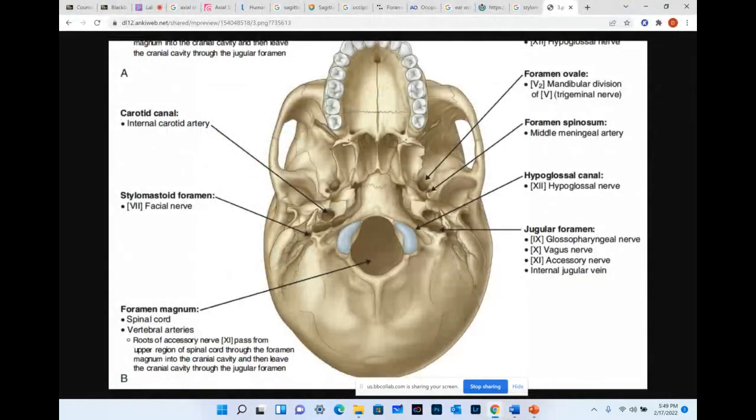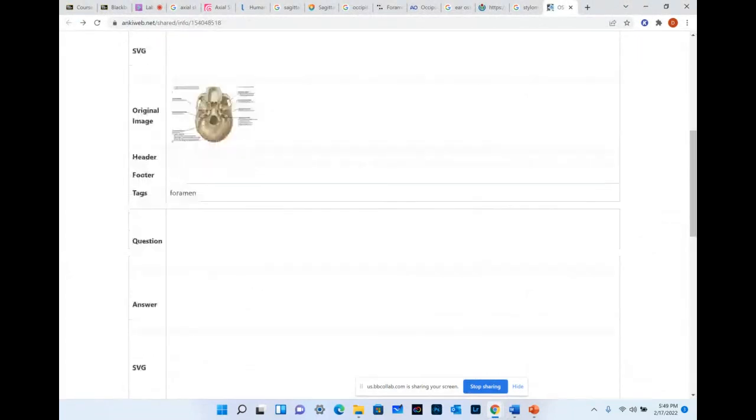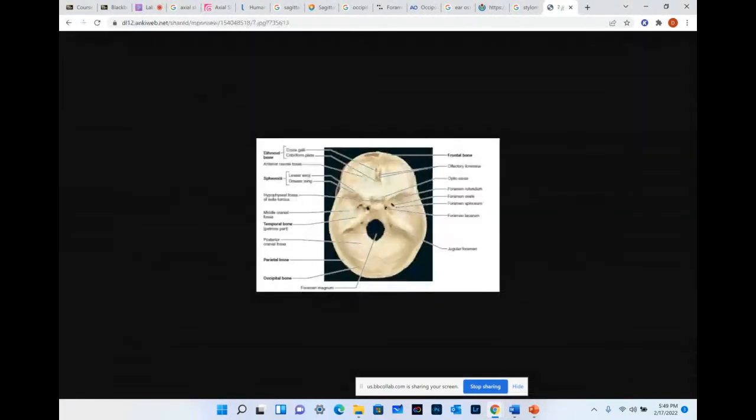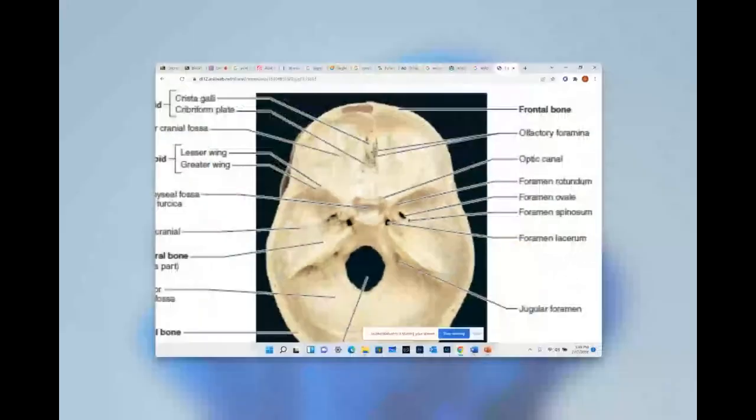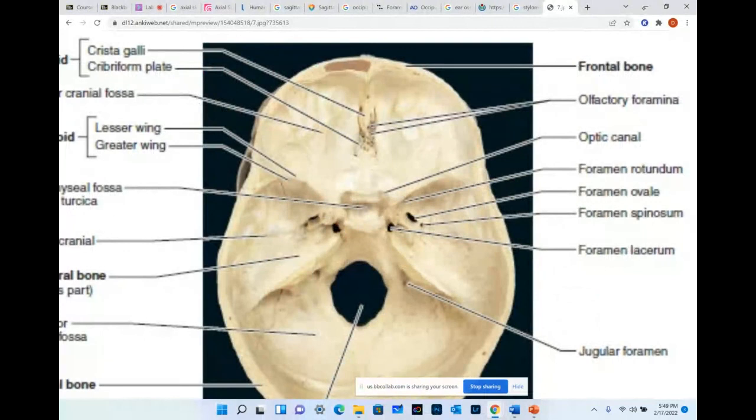So let's see if I can show you. Oh, this is a nice one. So this right here is your petrous portion of the temporal bone, and you see this hole right here on either side.